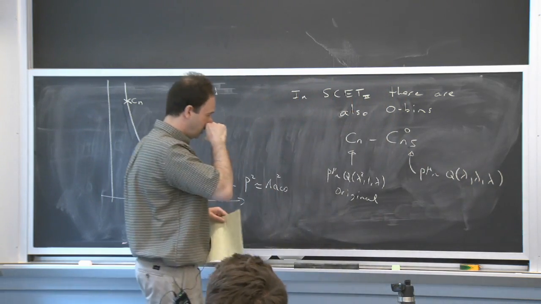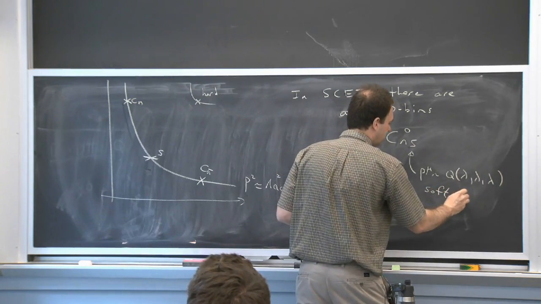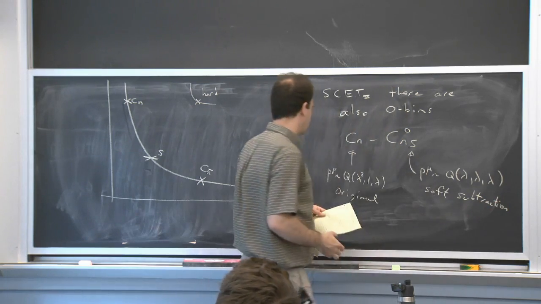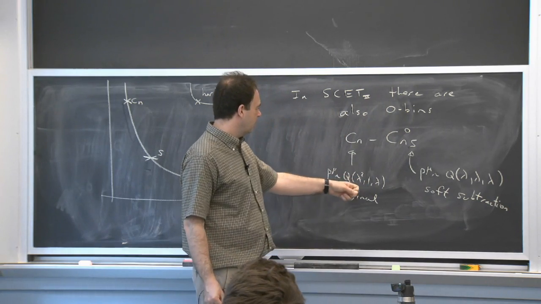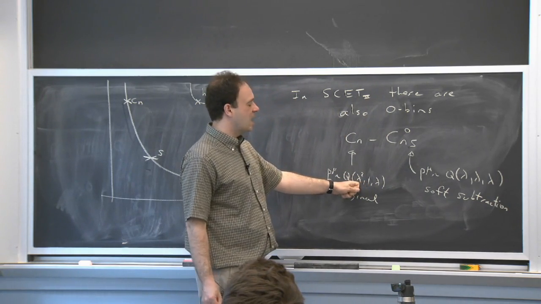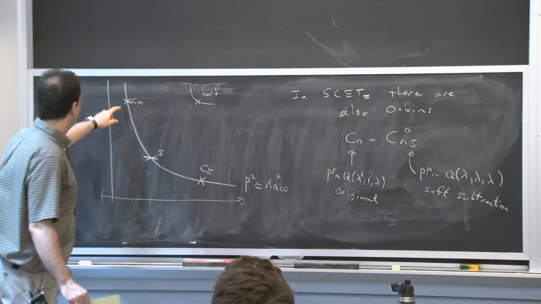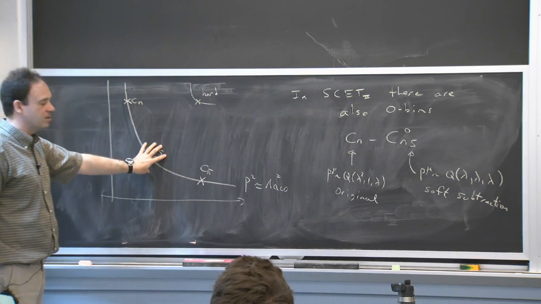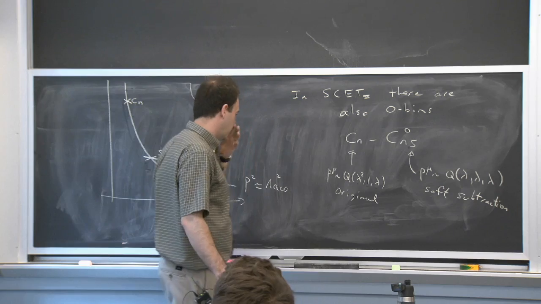That's different than the example of SCET1. In the SCET1 case, we would really just be scaling down the 1 and the lambda so that they would both be of order lambda squared. Here, we're scaling down the 1 and scaling up the lambda squared to a lambda. That's the right thing to do to go from here to here. So we're just taking the amplitudes in this region and subtracting them in this region. And in general, we do have that.